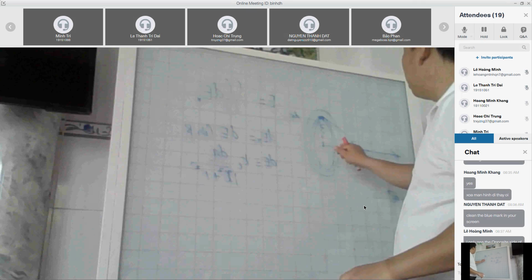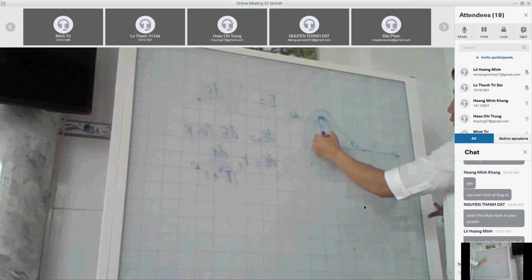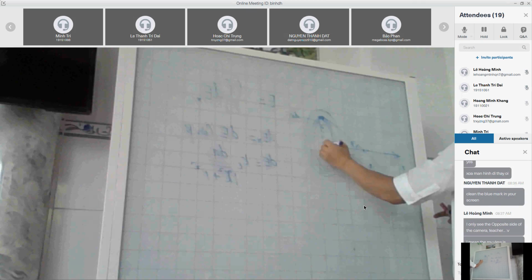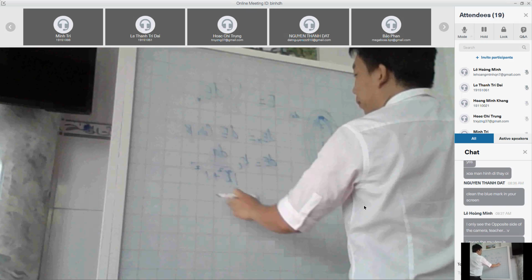So you can find s equals this s squared plus this R squared, and then you take the square root, so you have the distance.